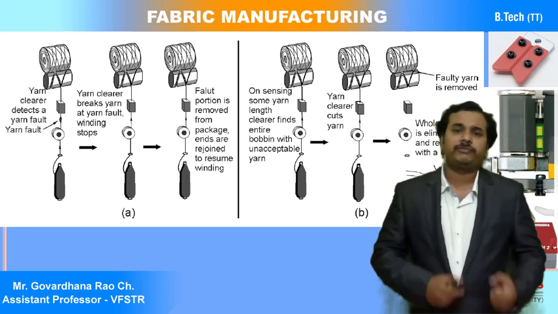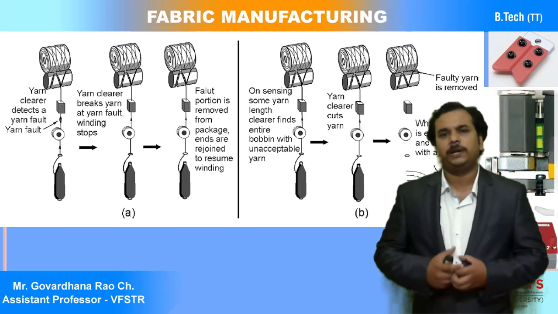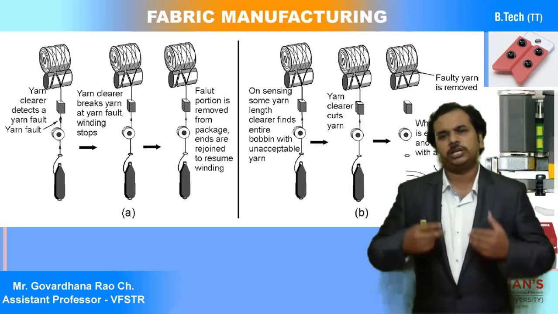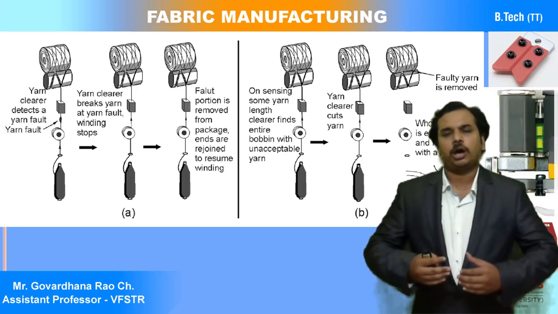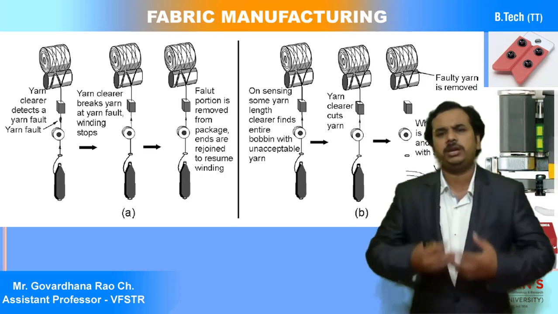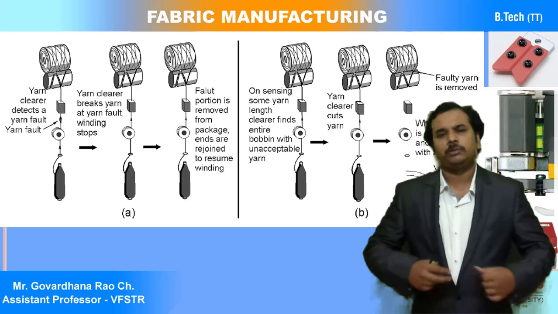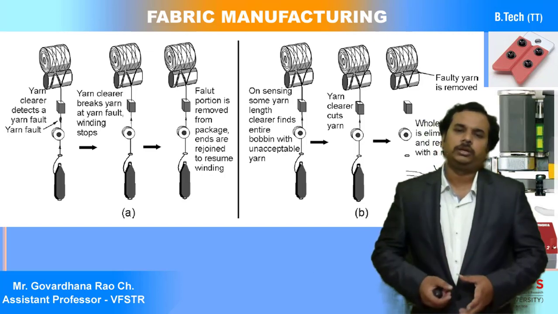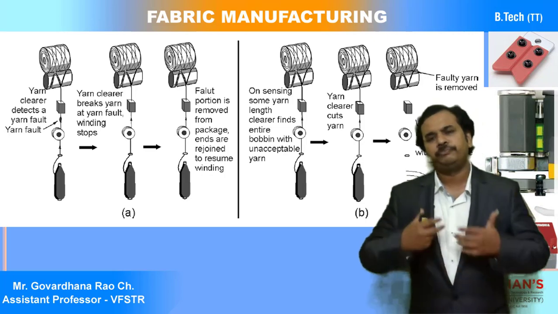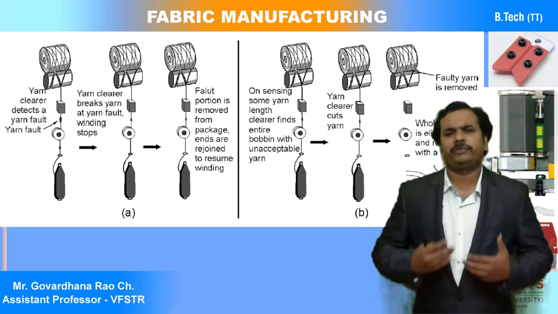The yarn clearer detects that faults are present within a small length of yarn. So many times the yarn clearer clears and removes the fault, then rejoins, removes the fault, rejoins. This operation repeats for the many yarn faults.